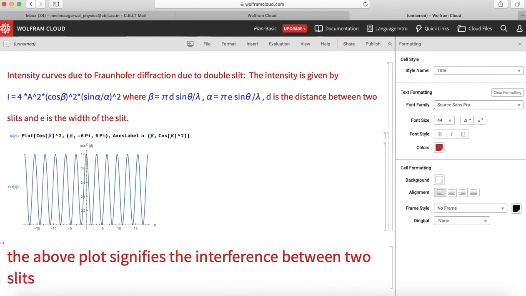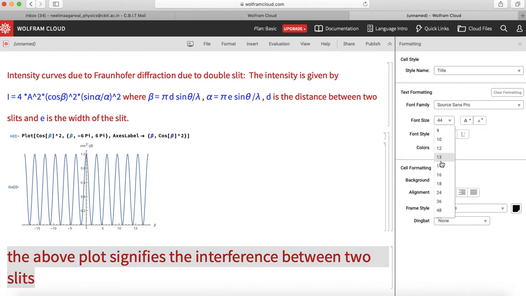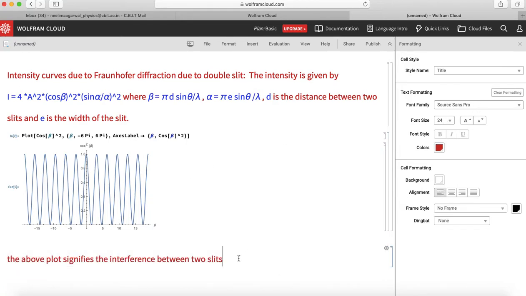I have two slits and each slit is of width e. So here I have taken the effect of two waves from two slits and I get the interference pattern. So cos square beta signifies the interference between two slits.